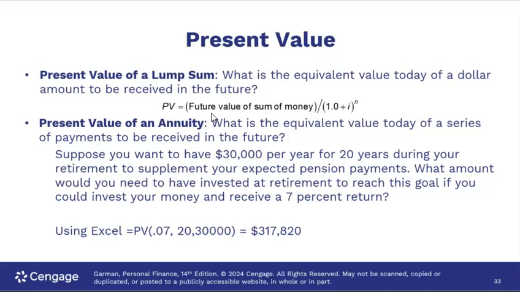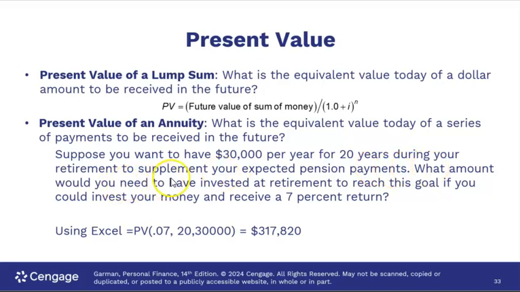So the present value of an annuity: what is the equivalent value today of a series of payments to be received in the future? Suppose you want to have $30,000 a year for 20 years during your retirement to supplement your expected pension payments.